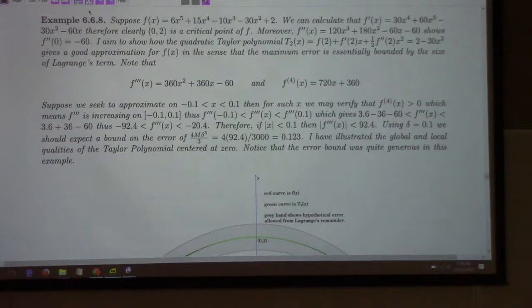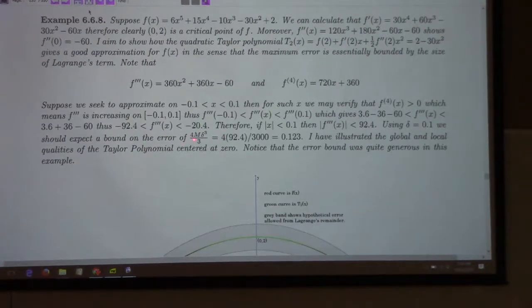So it preserves inequalities. Then this tells me that 92.4 is less than the third derivative, which is less than minus 20.4. That allows me to bound the third derivative. The third derivative is bounded by what? 92.4, in fact, because it's between minus 92.4 and plus 92.4. So there's my bound on my third derivative.